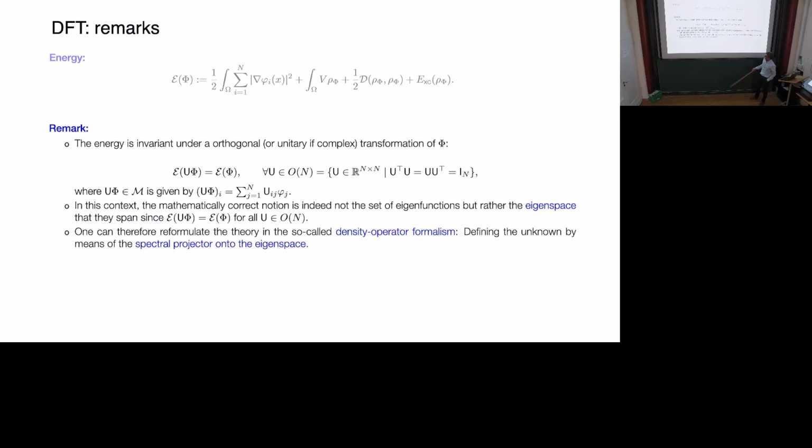One can therefore reformulate the theory in the so-called density operator formalism. So instead of having this set of orbitals, I define the unknown by means of the spectral projector onto the eigenspace. My unknown is a projector that projects me on an n-dimensional space.